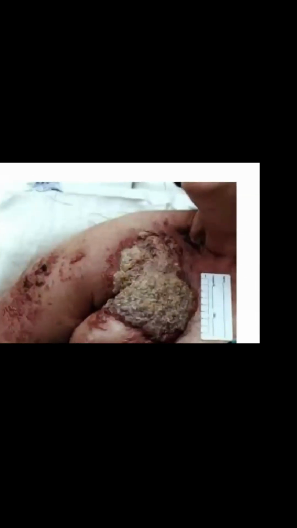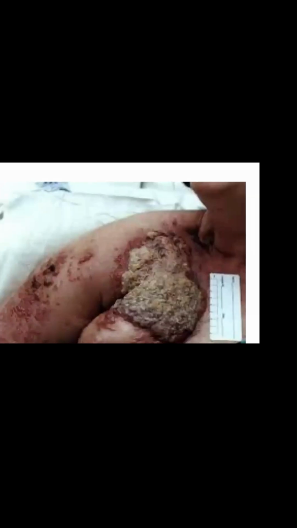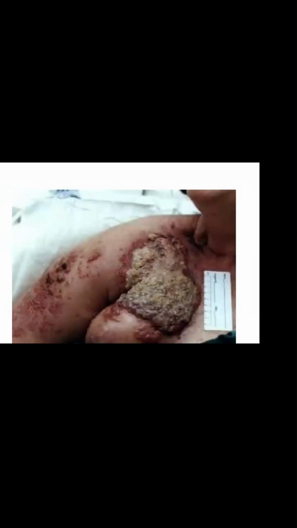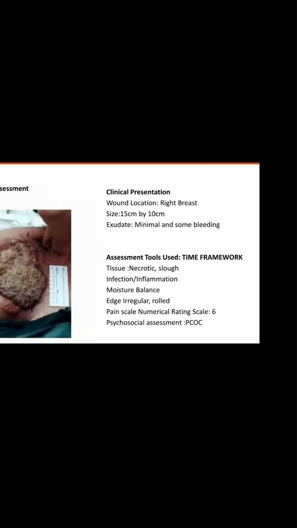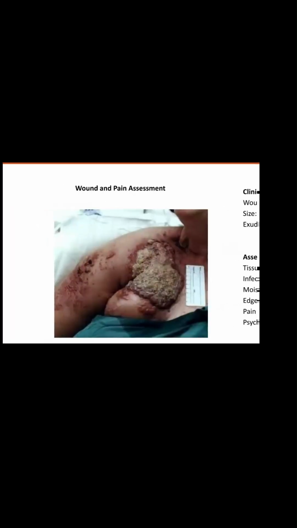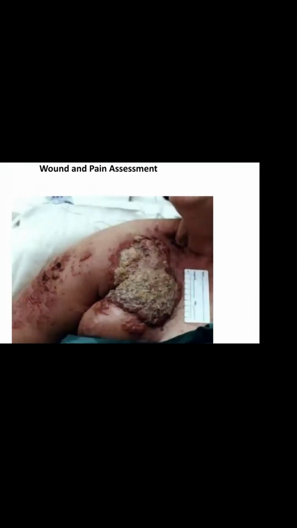If you are seeing this type of wound on the patient, how will you do the wound and pain assessment? First I have told about the wound location. Where is this wound located? Now we are going to do the pain assessment.